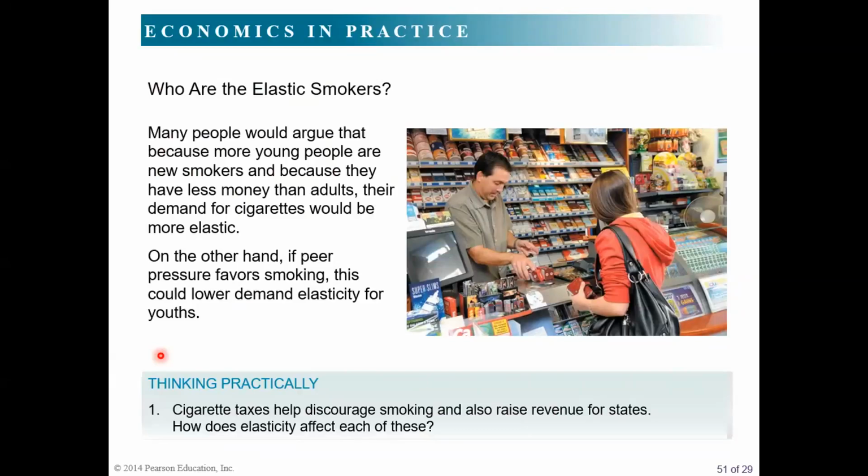Do you guys know this person? I've never met this person. Oh, you know, I was going to buy a carton, instead of 10 packs, I'll just take 9 because he raised it 10% and I'm, you know, elastic. And you know, I'm just going to cut down a little bit because it's too much. Who is this person? Usually people who are addicted to something are inelastic in their demand because of the addiction.